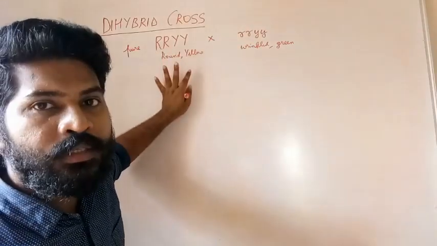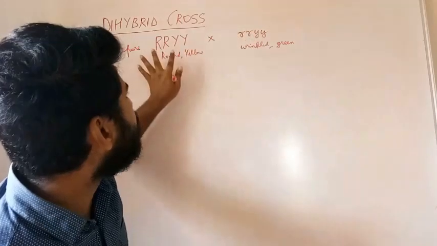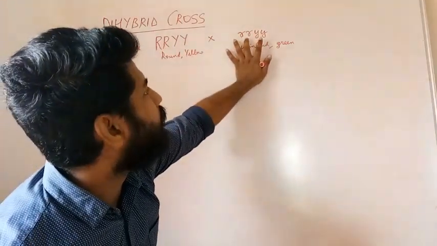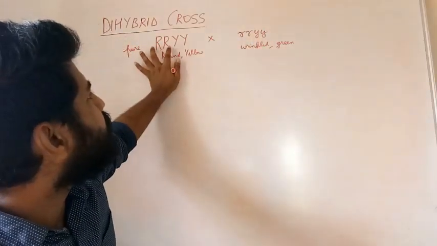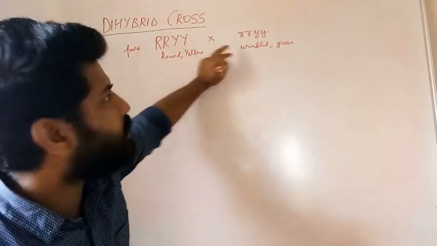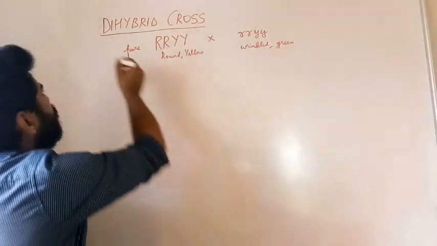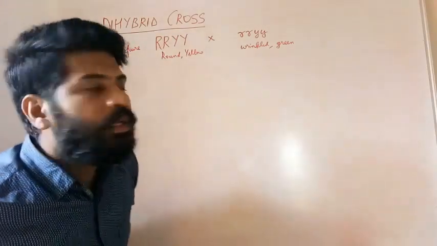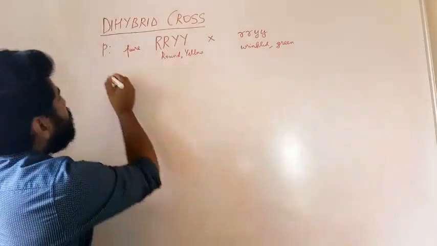So it is a cross that has two pairs of contrasting characteristics, round and yellow. These are the two pairs, and wrinkled and green. As you can see very clearly, this is dominant as represented by the capital letter, whereas this is a recessive trait. Now, this is your parental generation. Let us mark it as P. Now, the next step is gamete formation.